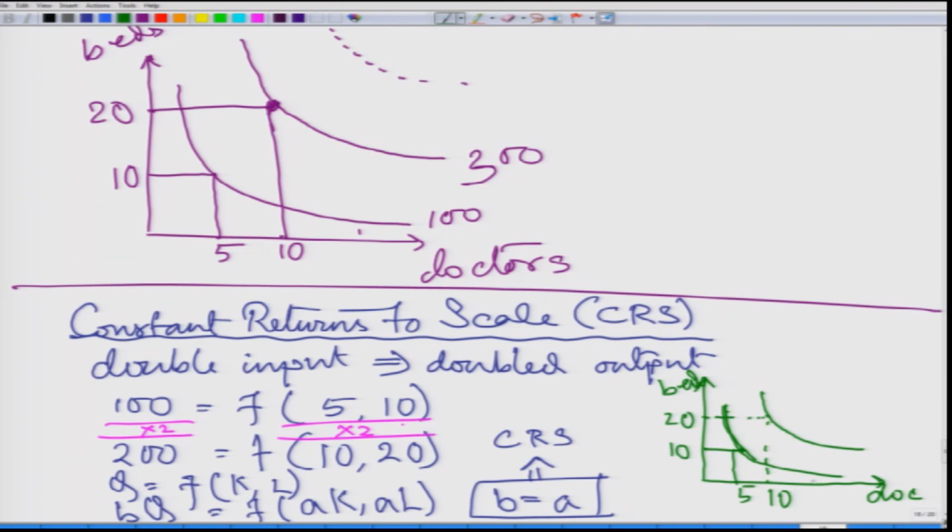Similarly, if it increases to 15 and 30, these three isoquants are equidistant, then we have achieved a constant return to scale. What happened in IRS? They came closer. Over here, they are equidistant. So we are on a constant return to scale.